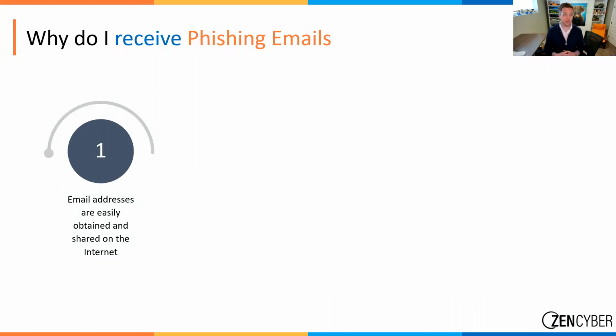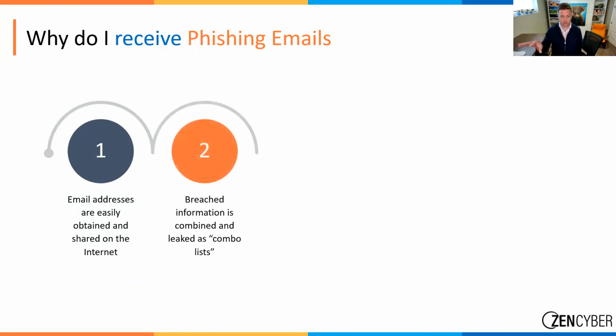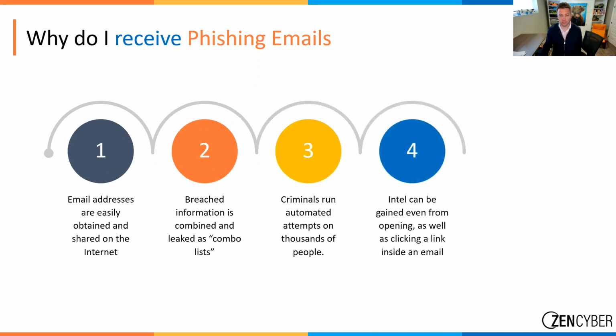There are lists out there where you can get thousands and tens of thousands and millions of email addresses to allow you to send information. There's also services where one group might get information from one source and another one from another source, and they put them together and they build up more complete profiles, these combo lists.